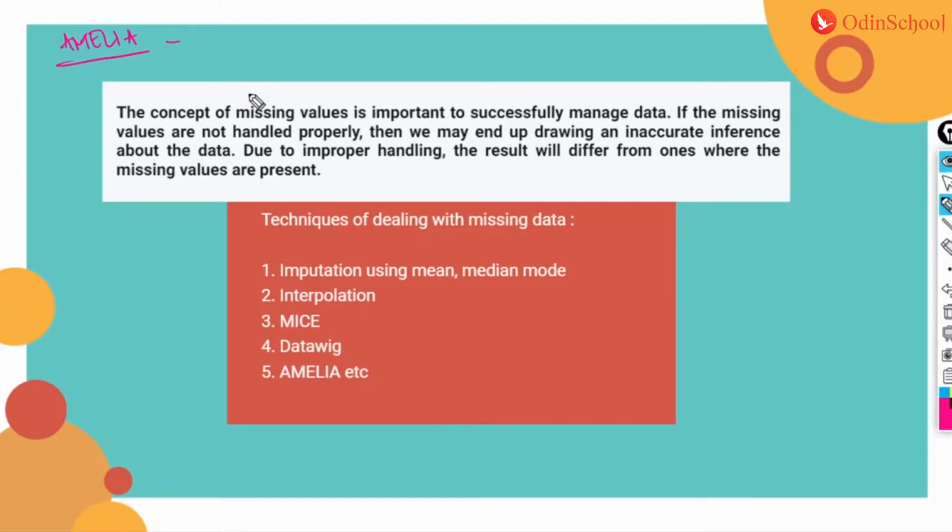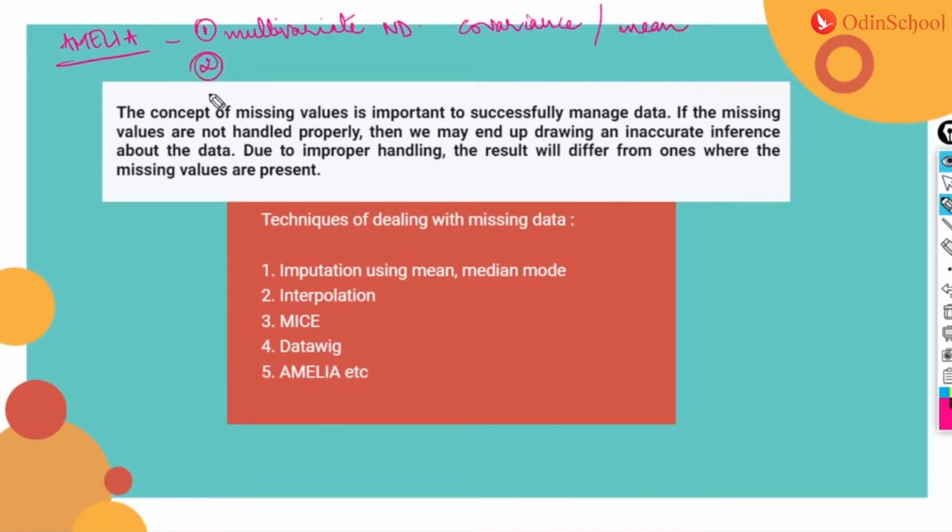Whenever you're working on Amelia, it has to ensure that the following principles are there. There are a couple of principles that you should know. The first one is that your data set should have multivariate normal distribution, wherein it uses the covariances and the mean to summarize data.